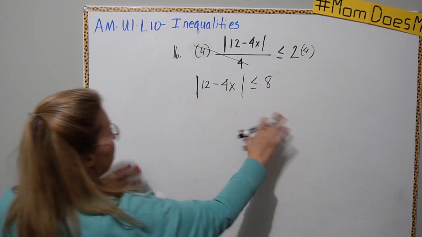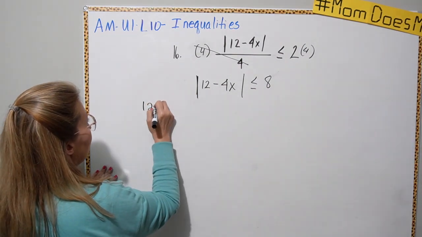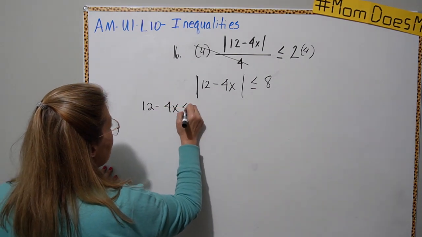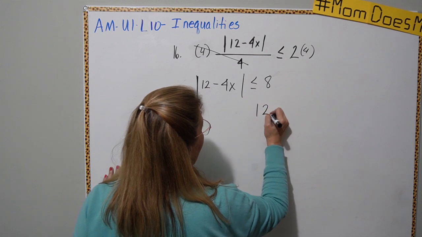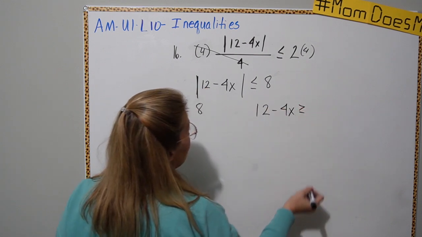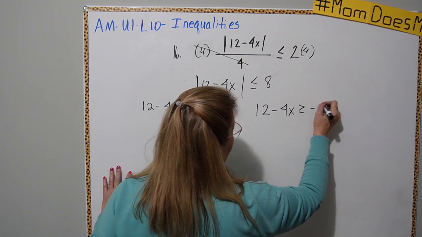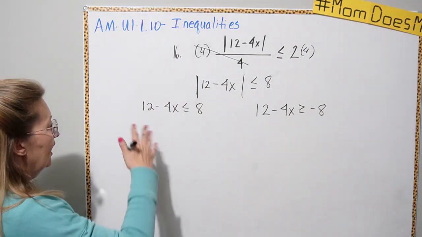Now let's consider both cases, the positive and the negative. The positive over here, nothing's going to change. I just dropped the absolute value signs. But my negative case over here, I'm going to flip the sign to greater than or equal to and make the other side negative, the opposite of whatever it is. So now we're ready to solve.